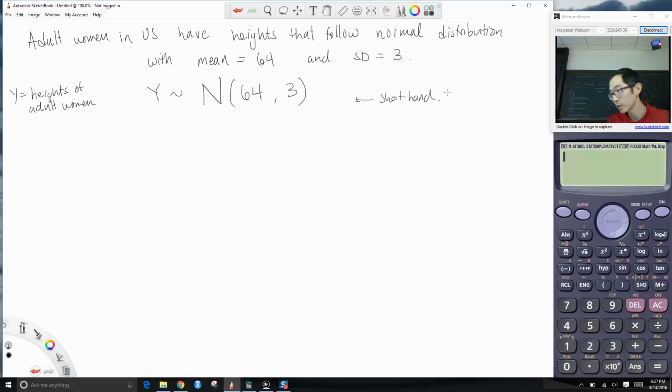And you often see this written in textbooks and things. Okay, and likewise, I could say, how tall is a woman if her z-score is -2?